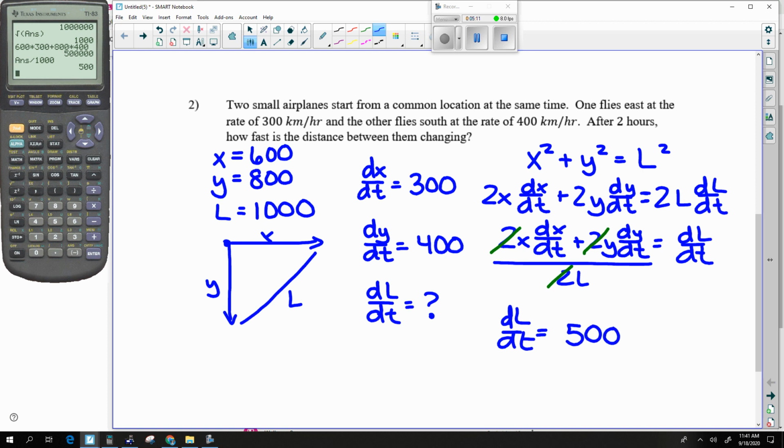The length is in kilometers and the time is in hours. So the distance between those two planes is increasing at 500 kilometers per hour.